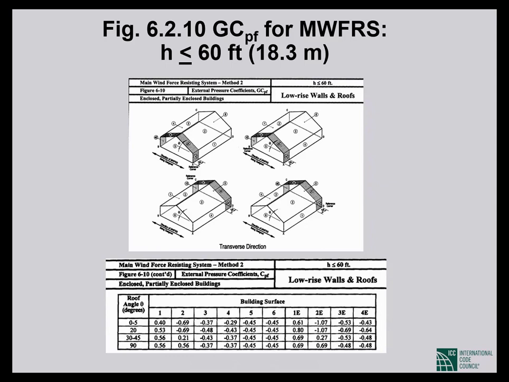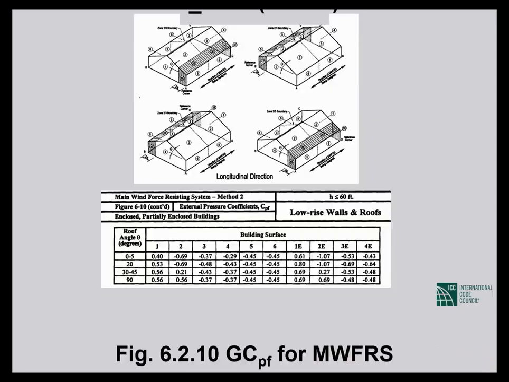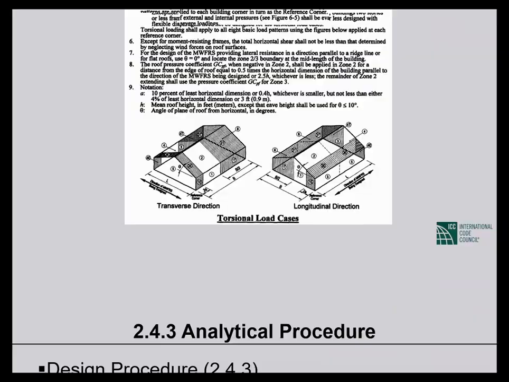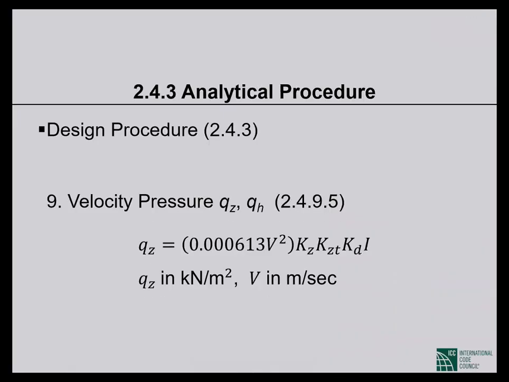Then there is this low-rise analytical procedure. There are 3 slides that I have included, which I knew when I included them, I had no way of covering, but it is in there. Okay, so the low-rise analytical procedure.